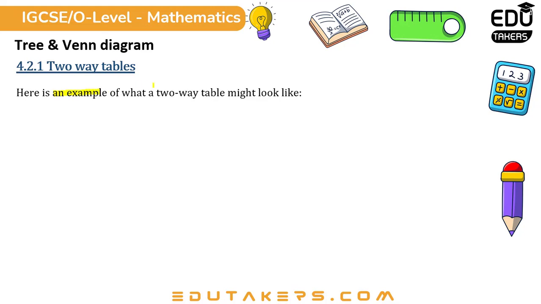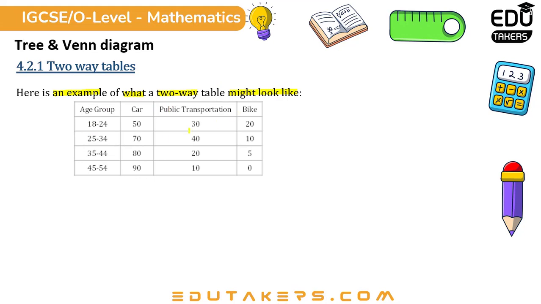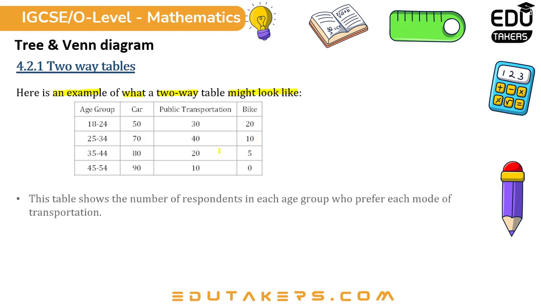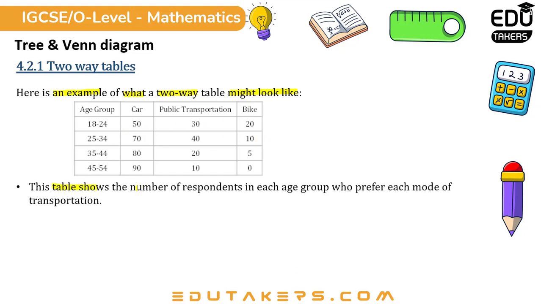Here is an example of what a two-way table might look like. The table is here. So age group is from 18 to 24 and cars are 50, public transportation is 30 and bikes are 20, and so on. This table shows the number of respondents in each age group who prefer each mode of transportation.